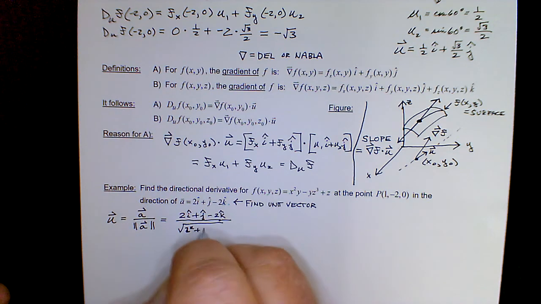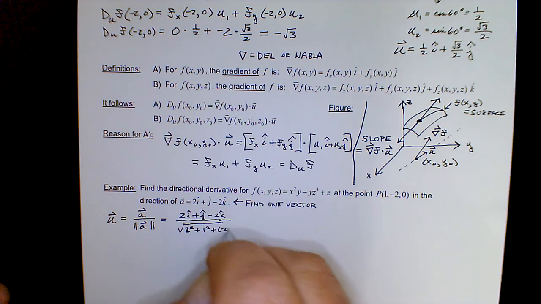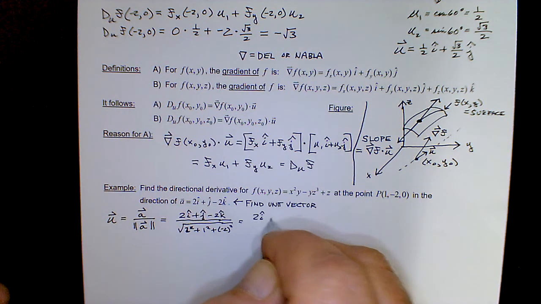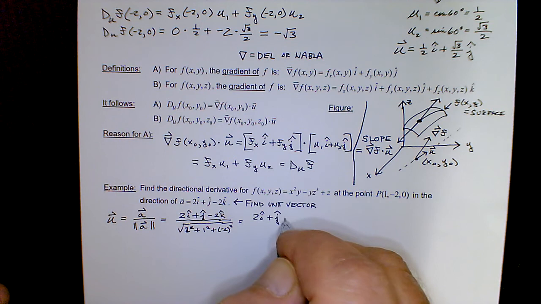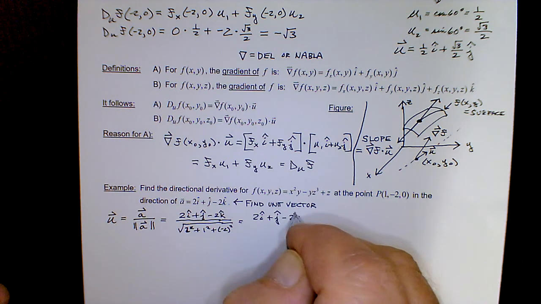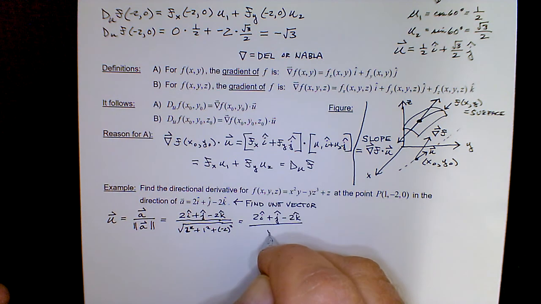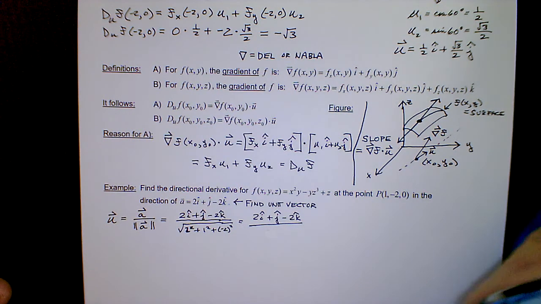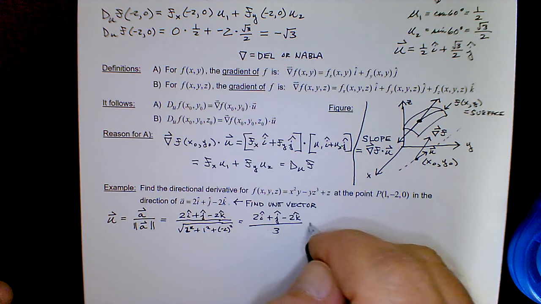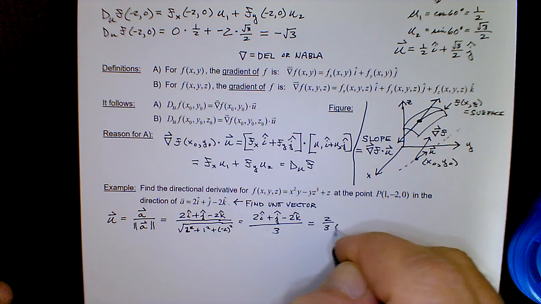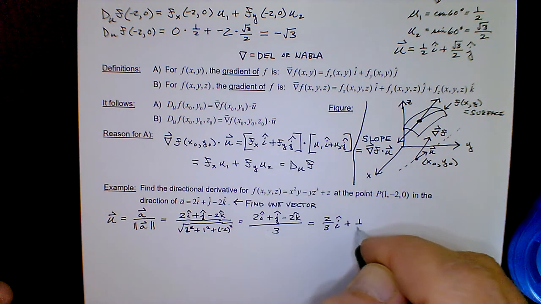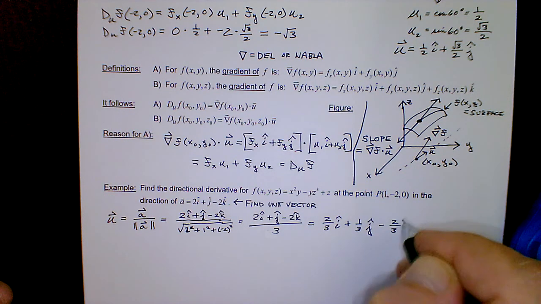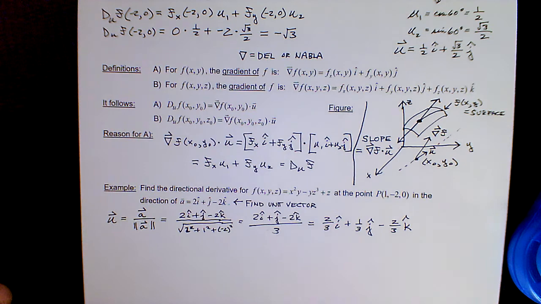So square root of 2 squared plus 1 squared plus negative 2 squared. So that's 2i plus j minus 2k over square root of 9. So that comes out pretty, that's just simply 3. So then 2/3 i plus 1/3 j minus 2/3 k. Alright, so there's our unit vector.